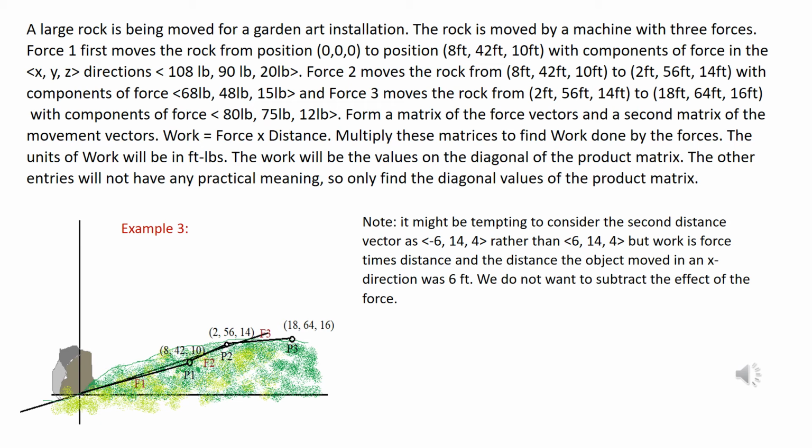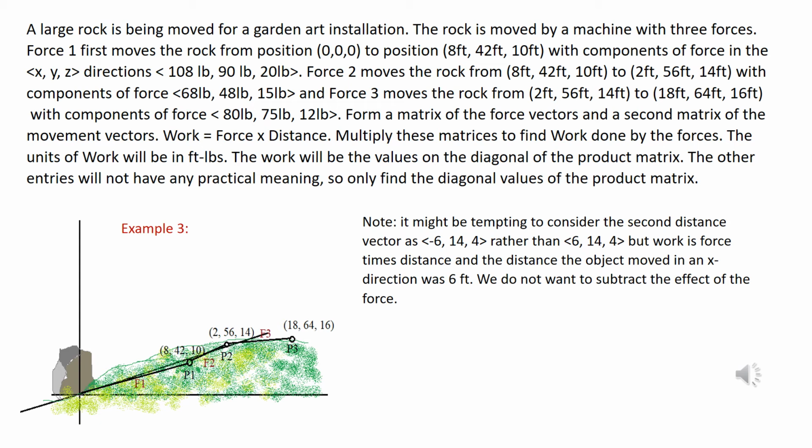A third force then moves the rock from that position of 2 feet, 56 feet, 14 feet, to a final position of 18 feet for x, 64 feet for y, and 16 feet for z. The components of that third force are 80 pounds in the x direction, 75 pounds in the y direction, and 12 pounds in the z direction.